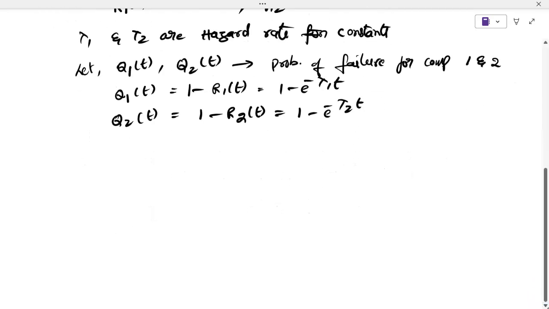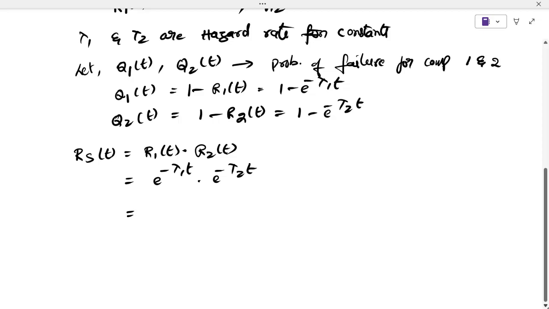Total system reliability Rs of t is equal to the product of their reliabilities, that is R1 of t into R2 of t, that is equal to e power minus lambda 1 t into e power minus lambda 2 t, that is equal to e power minus of lambda 1 plus lambda 2 into t.